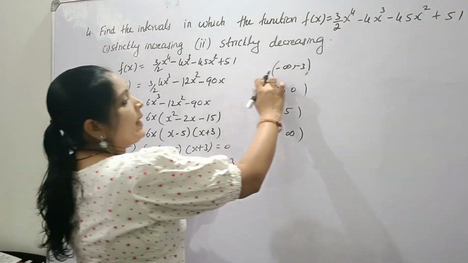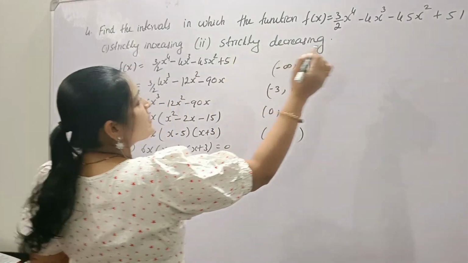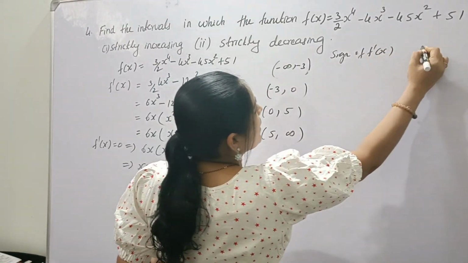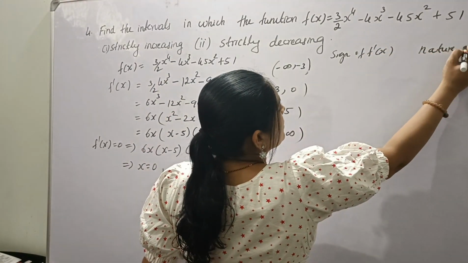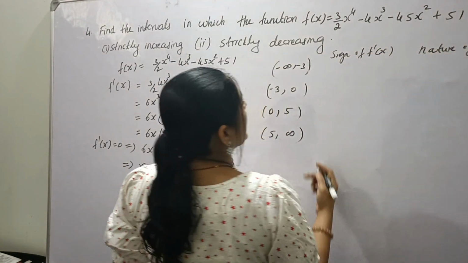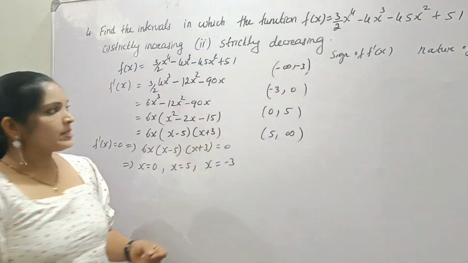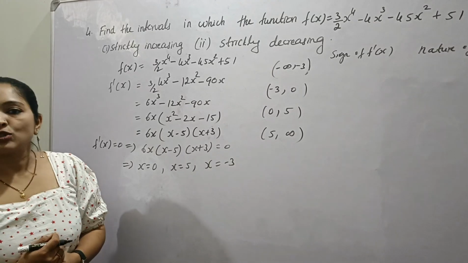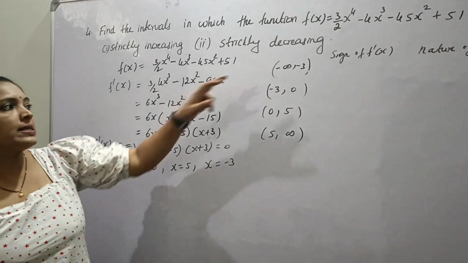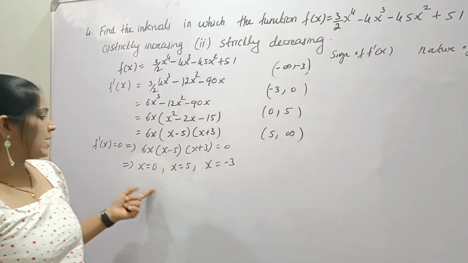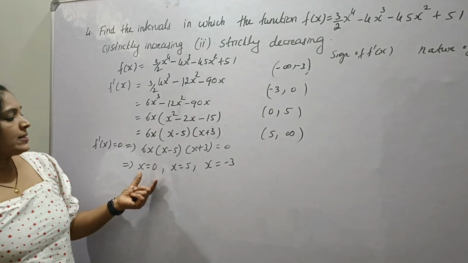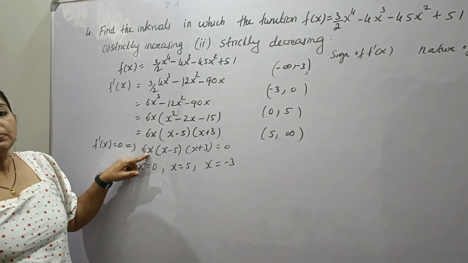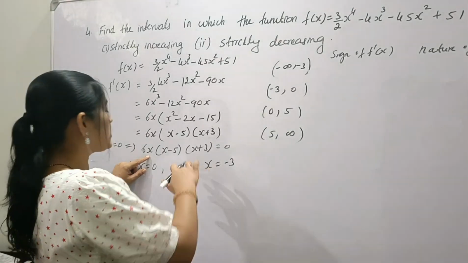Then let's take the sign of f dash of x, here the nature of f of x. In the interval x belongs to minus infinity to minus 3, all the values of x are negative. Here we have to substitute, so the first term 6x is always negative in this interval.